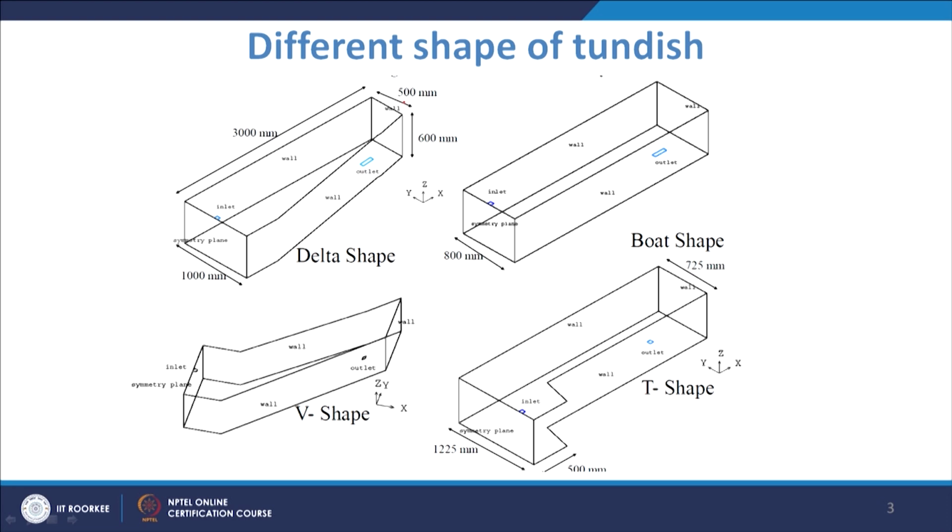So, you will have a larger Tundish. The whole Tundish is about 6 meters, 6000 millimeters, and in this case you have a V shaped Tundish. Here you make a V type of shape, and it will be like this way.